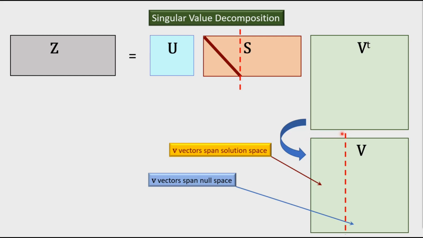Its orthogonal complement, spanned by the V vectors on this side of the truncation line, span the null space. And here I'm defining the solution space to be the part of parameter space which isn't the null space. So singular value decomposition has allowed us to separate parameter space into two orthogonal subspaces.